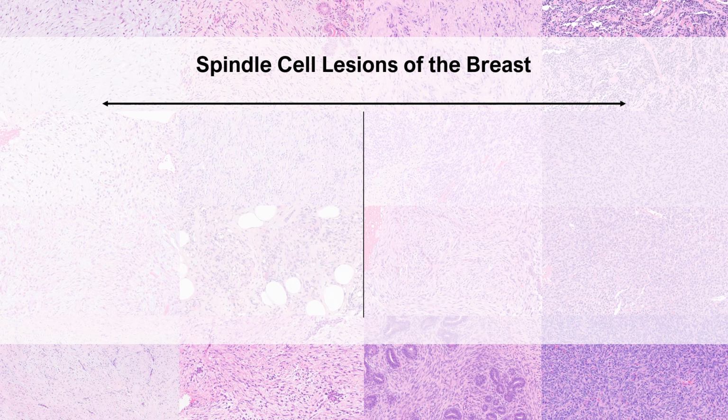The diagnostic differential of spindle cell lesions of the breast is in part made more challenging by the wide range of lesions included within this broad diagnostic category. Spindle cell lesions of the breast comprise both reactive and neoplastic processes, and the neoplasms that we do see can be benign, malignant, or of indeterminate biology.